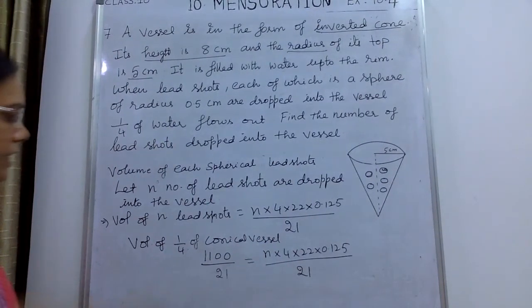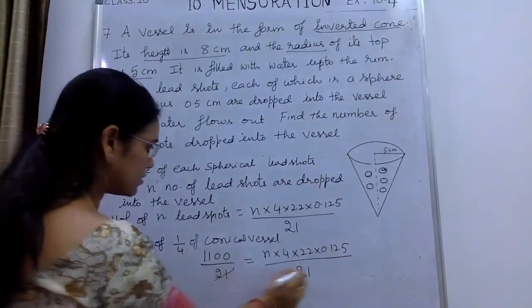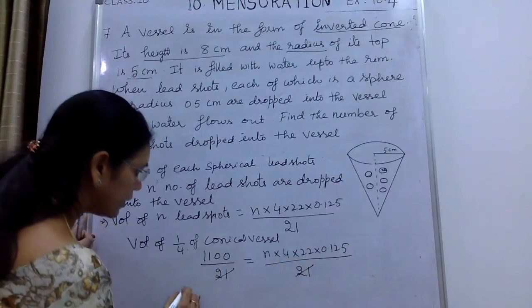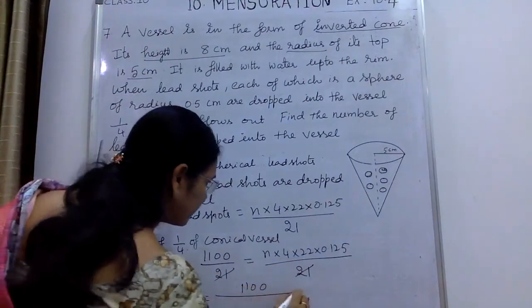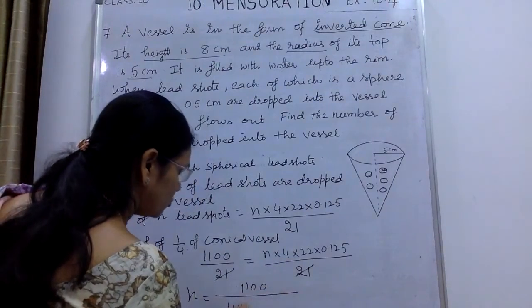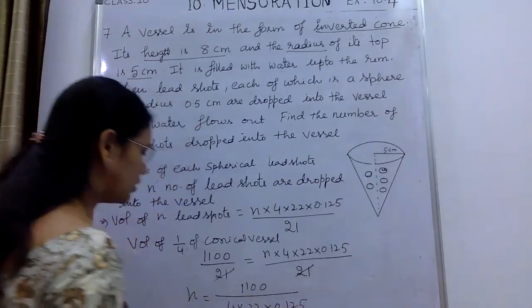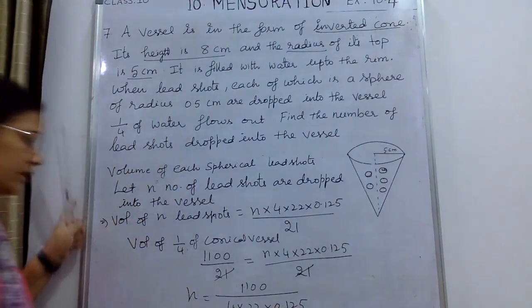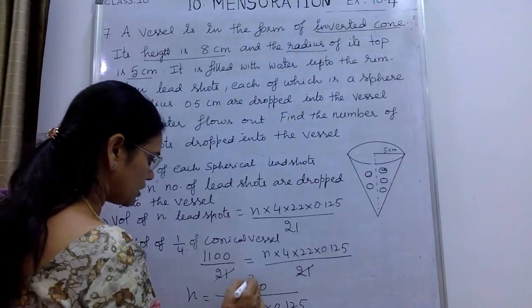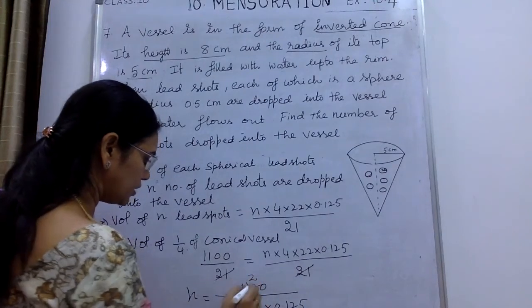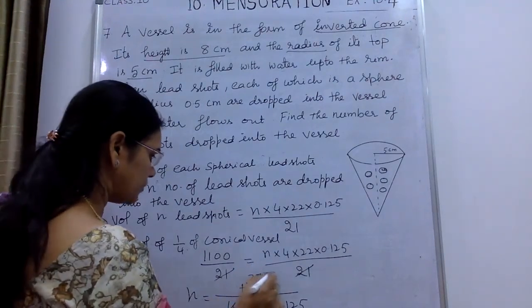To find n, we can cancel 21 and 21. So n is equal to 1100 divided by 4 into 22 into 0.125. Now we can do the calculation.